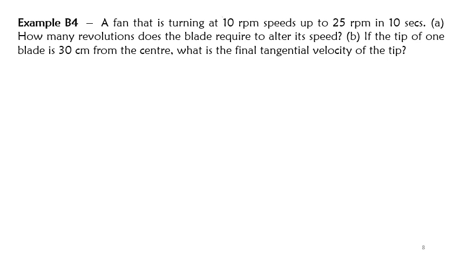So 10 revolutions per minute is your initial angular velocity, and 25 revolutions per minute is your final angular velocity. And the change took place within 10 seconds. The question is, how many revolutions does the blade require to attain this speed? That is, how many rotations? That is, calculate theta.